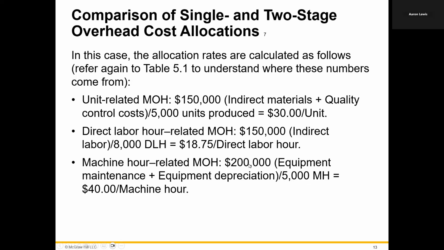So $200,000 of overhead spread out over 5,000 machine hours comes out to a rate of $40 per machine hour. So if we sit down and spend an hour making a certain model of drone at our machines, we assume that just cost us $40. And we would assign that $40 to the cost object, that particular drone model.